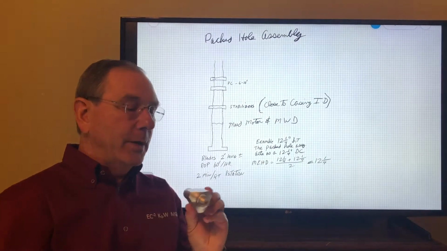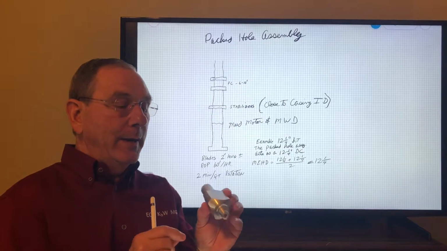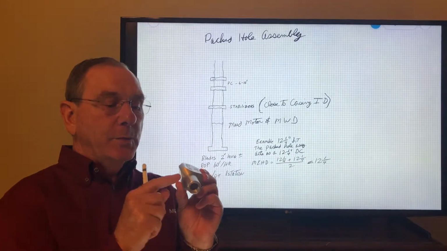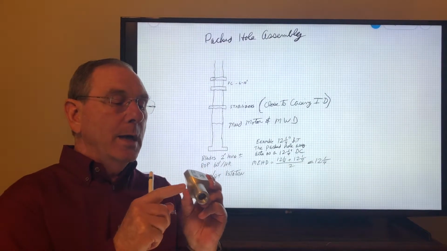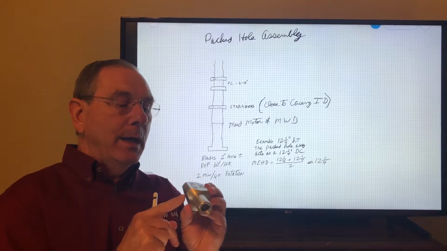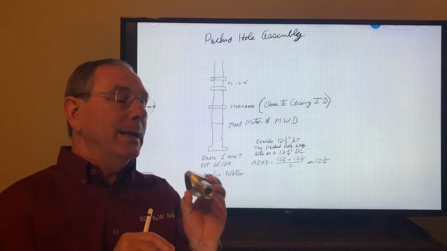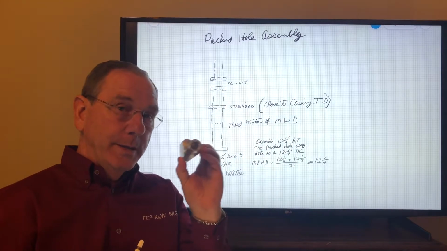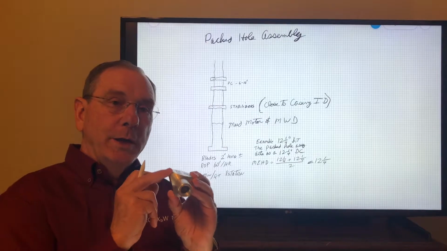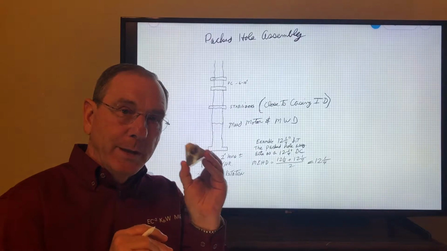Here's a model of a stabilizer which happens to have 3 blades on it, and they are normally made on a drill collar type stock. So this would be the OD of a drill collar, but it has blades on it that are just a little bit less than the casing. The OD of the blades is smaller than the casing ID, so they can go through. You put these in your drill string to mimic that your drill collars are as large as the hole size.